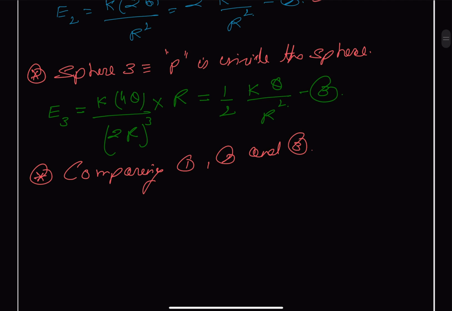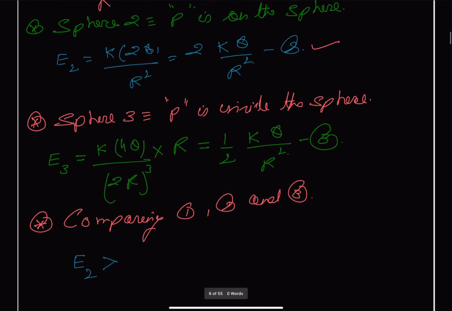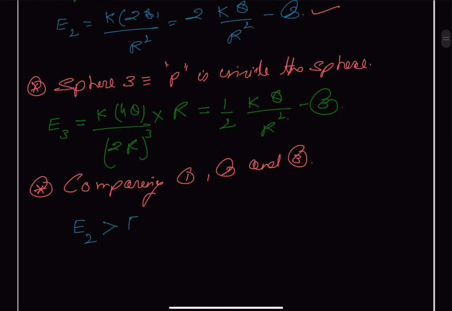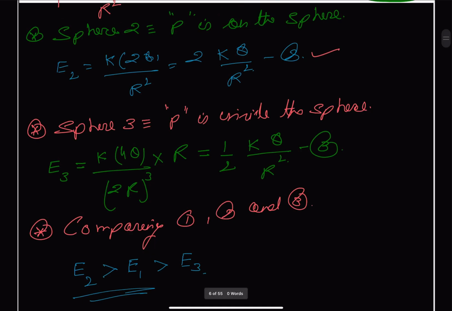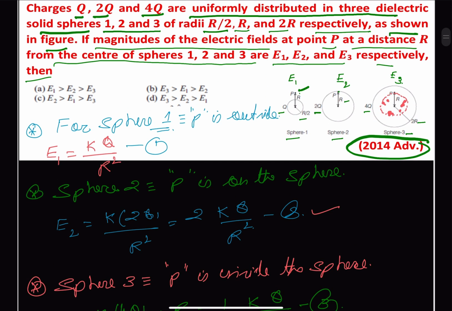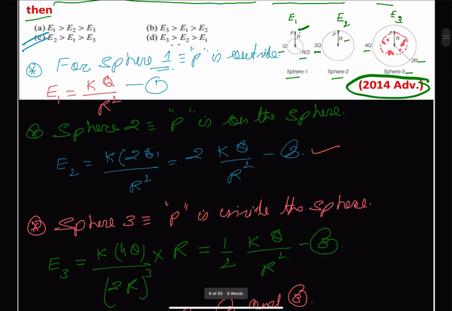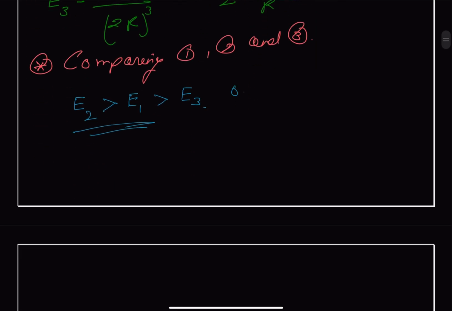So we get E2 will be greater than E1 and will be greater than E3. So this is the correct sequence of the respective electric fields. So we have E2 greater than E1 greater than E3. So option number C is correct.